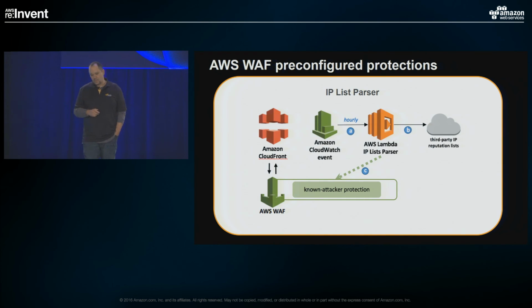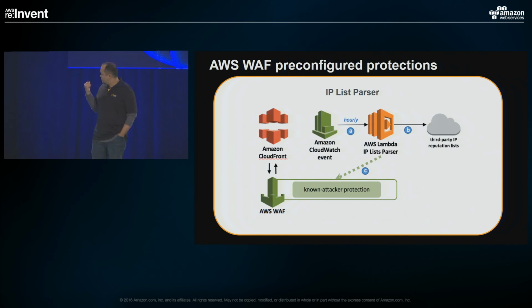The last component I'll talk about is the IP list parser. This component uses an Amazon CloudWatch event that's scheduled to kick off on an hourly basis. That triggers the Lambda function that goes out and fetches IP lists from 3 different sources. It currently accesses the Spamhaus Don't Route Or Peer list, and then the Extended Don't Route Or Peer list.